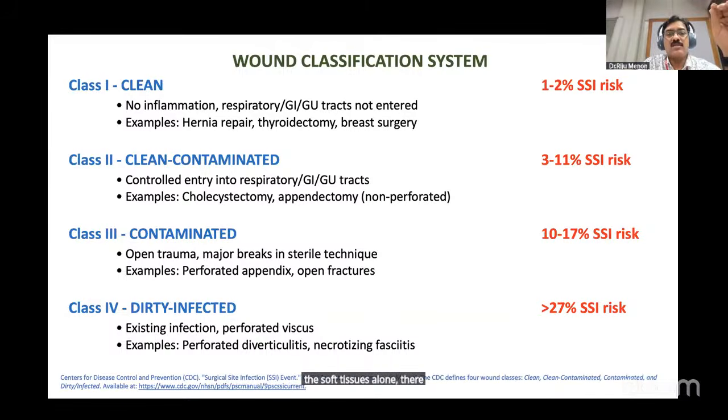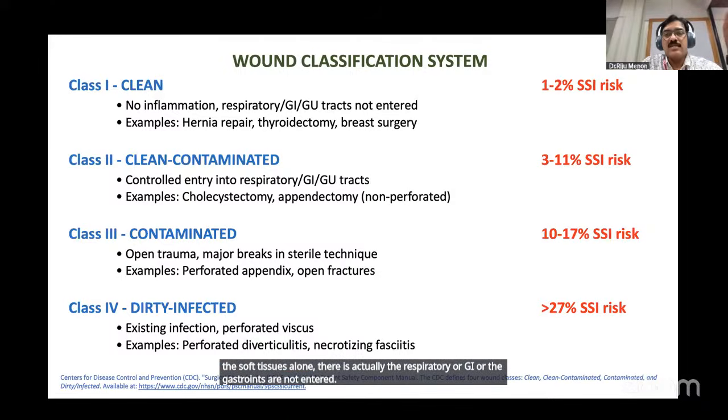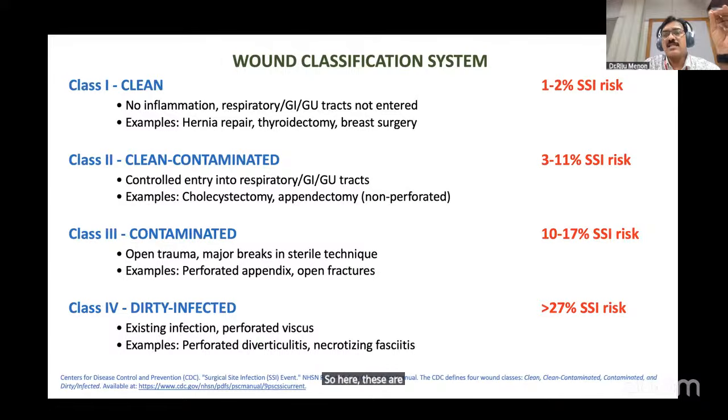The respiratory or gastrointestinal tracts are not entered. So here, the risk of surgical site infection is very low, less than 1 or 2%. And the CDC itself says that in such a patient, there is no necessity for a preoperative antibiotic.